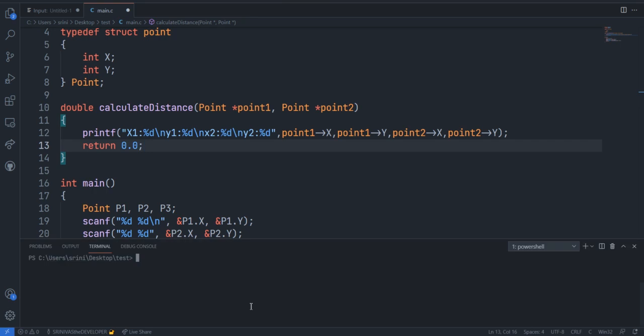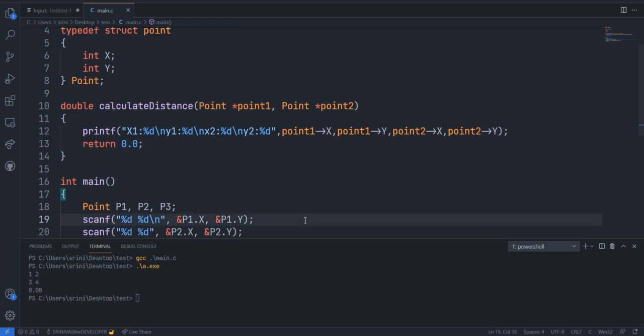If I just run this program, we have to pass some values, right? 1 2 for x1 and y1, 3 4 for x2 and y2. We got 0.0.